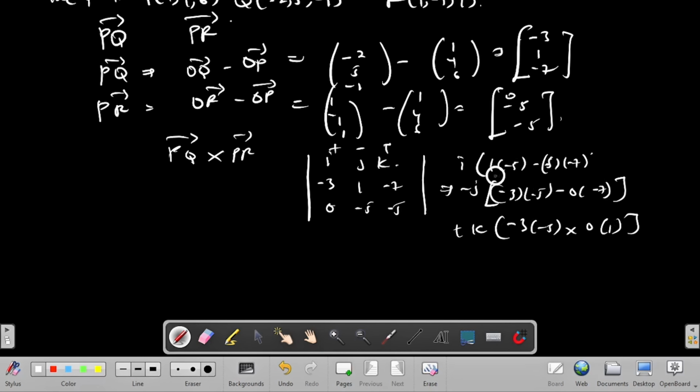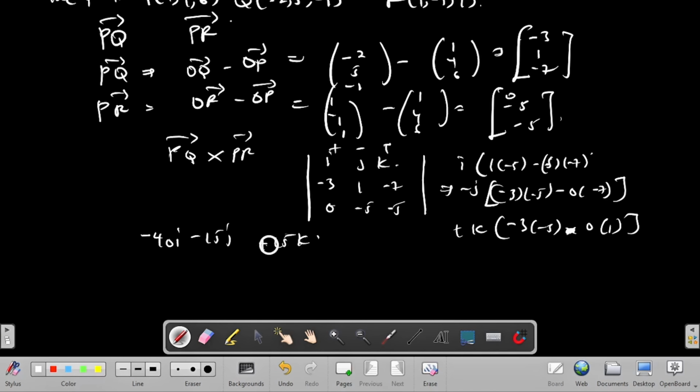So for my i, I'll have 1 times -5 is -5, minus 35, so -5 minus 35 will be -40i. When I come here, I have 3 times 5 is positive 15 minus 0, so minus 15j. Then here too, 3 times 5 is positive 15 minus 0, that will be positive 15k.